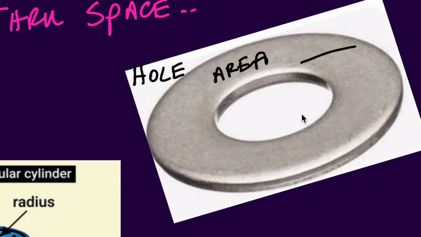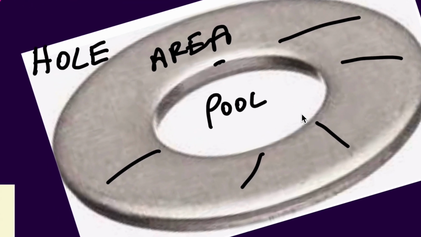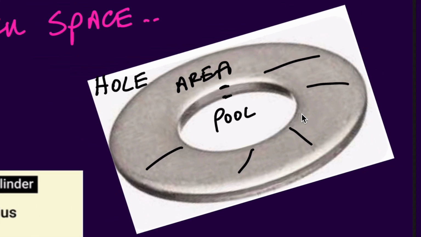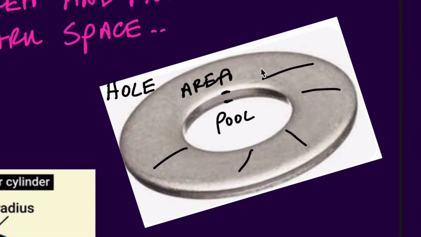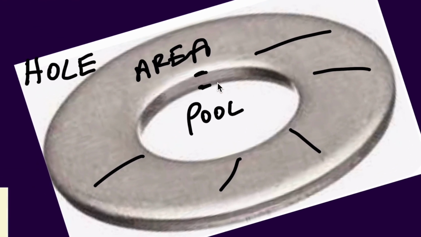This is almost like a patio around a circular swimming pool. That is the hole. But look, this has a width to it. So in the case of the washer, we're going to take this area and we're going to move it through space this distance.